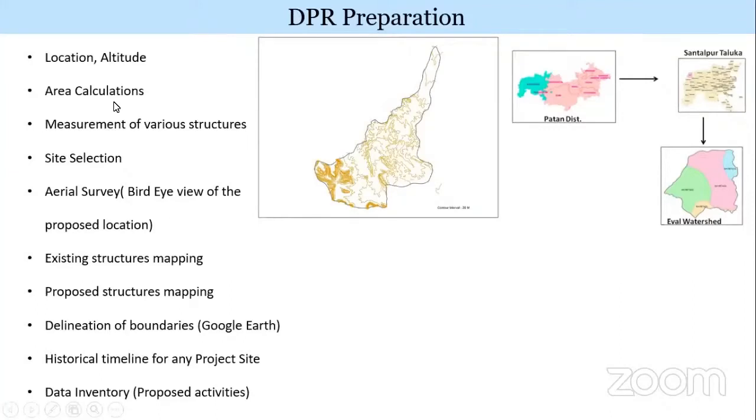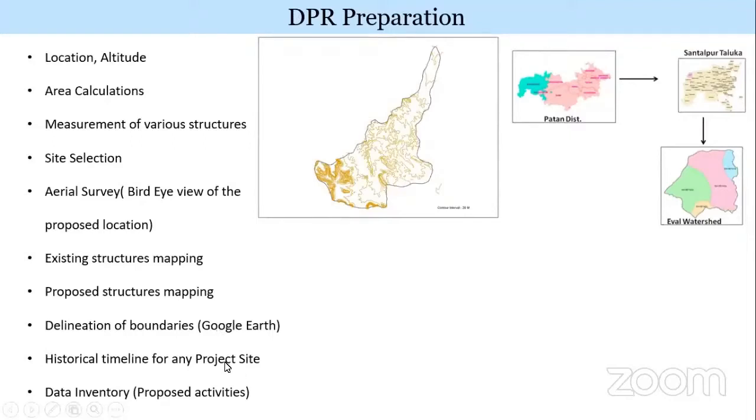We can do area calculations. We can do measurements of various structures. Then we can do site selection, and it gives us an aerial view of our proposed location also. So we also get an idea about the existing structures. Then existing structures can be mapped, proposed structures can be mapped, and we can delineate the boundaries of our village and of our watershed by using Google Earth.